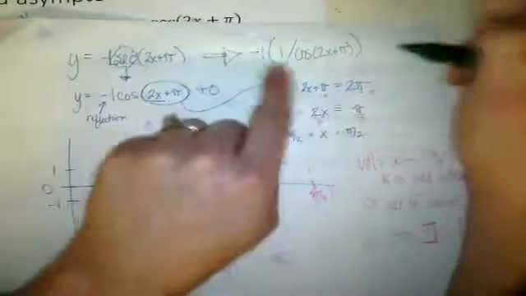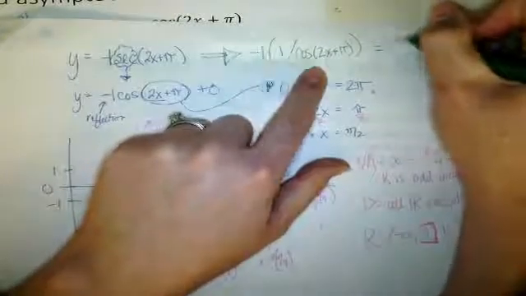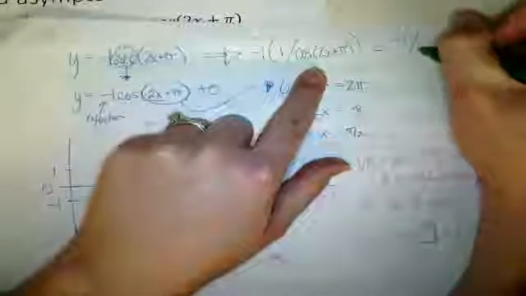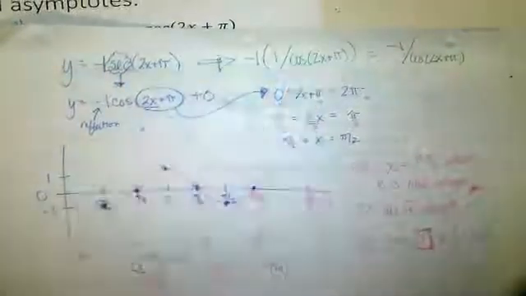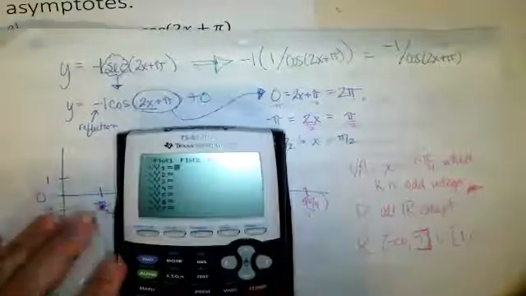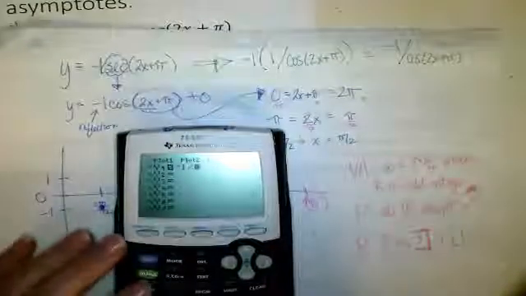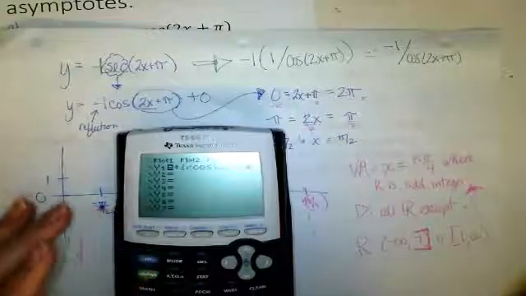Well, this is -1 times this whole 1 over thing. That'd be -1 times 1. So I can type this in my calculator as -1 over cosine of 2x plus pi. So look for those numbers in front. They get to go in the numerator. All right, -1 over the cosine of 2x plus pi.